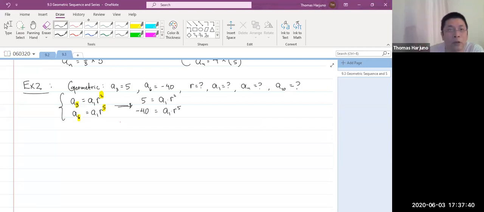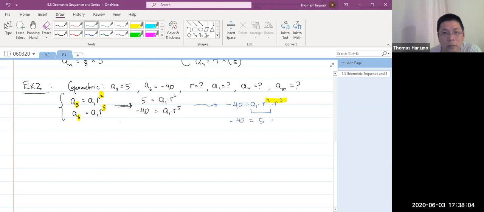Negative 40 equals the first term times r squared times r cubed. Notice that if I add these exponents, I get r to the fifth. Then you substitute that this part is 5, so negative 8 equals r cubed, r equals negative 2. Is that right? That's one way to see it.